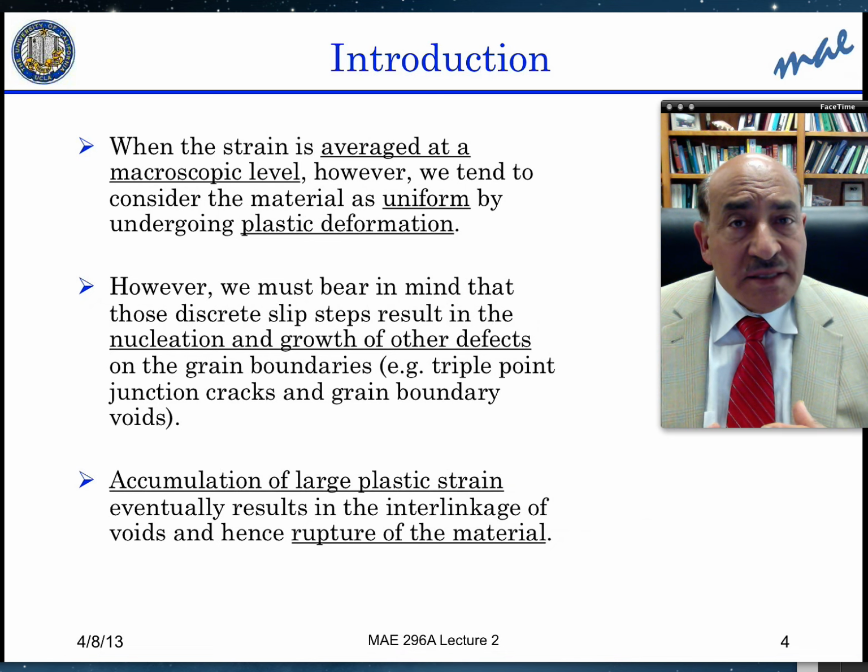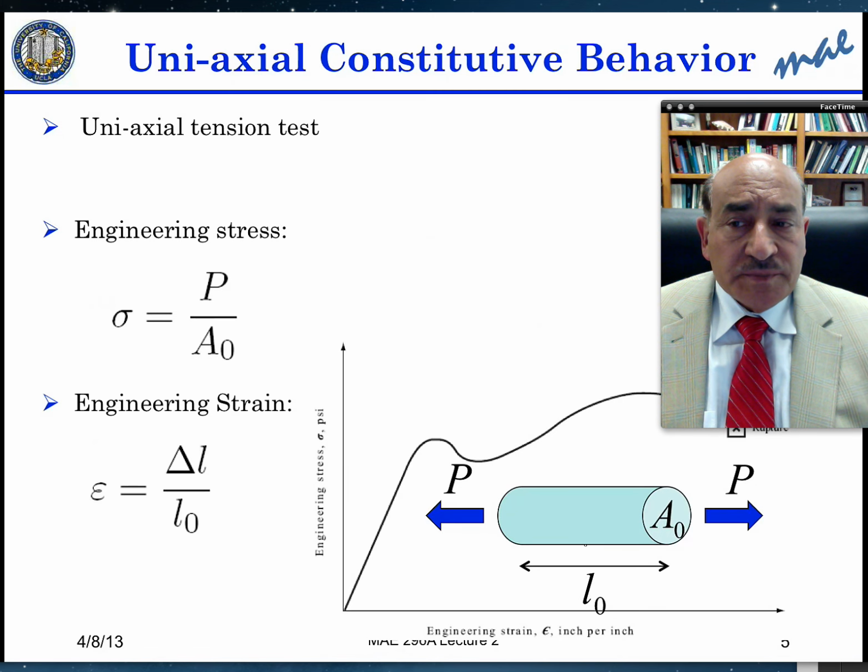If it is in the elastic range, then we don't have to worry about it, because elastic deformation is by necessity uniform and homogeneous all over the crystal. Only plastic deformation we need to worry about, whether it's localized or uniform.